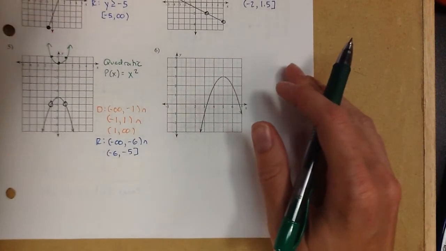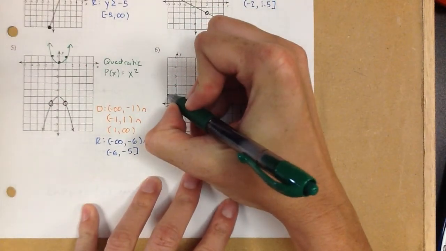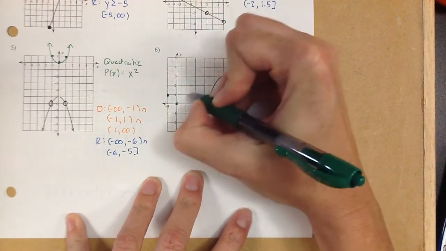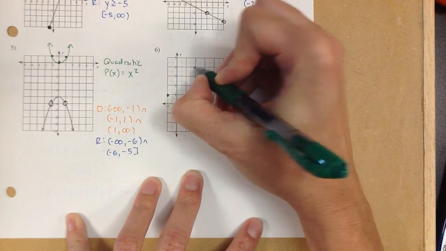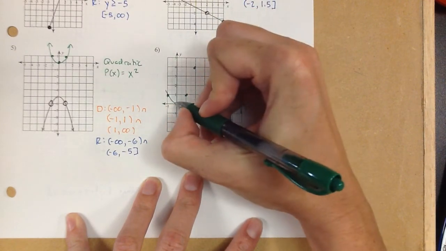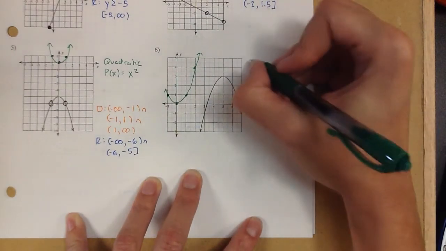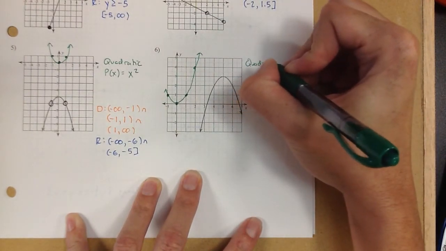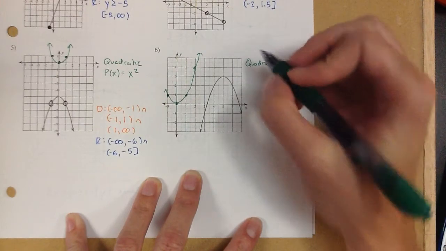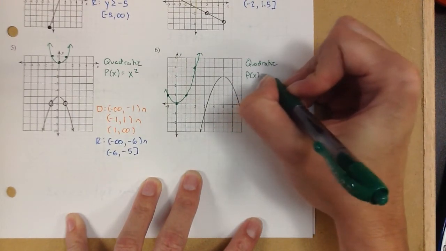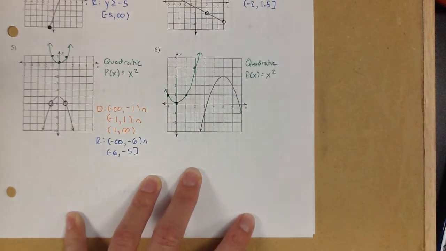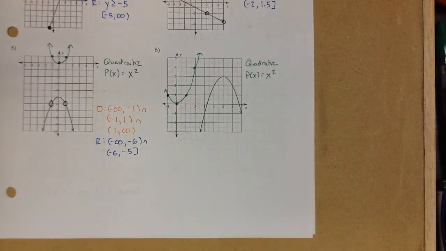I'm going to draw you another quadratic. So (-1, 1), (0, 0), (1, 1), (2, 4). I'm going to put a hole in this one.